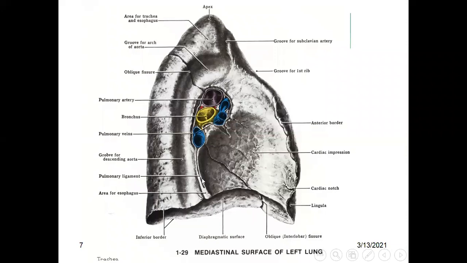And again, we can see the pulmonary ligament. The left lung consists of two lobes, the left upper lobe and the left lower lobe, separated by the oblique fissure. And there is a cardiac impression produced by the heart, an impression formed by the arch of the aorta, and a groove produced by the descending thoracic aorta.